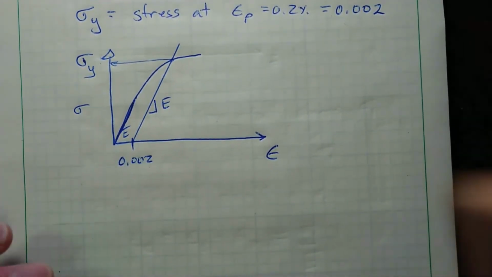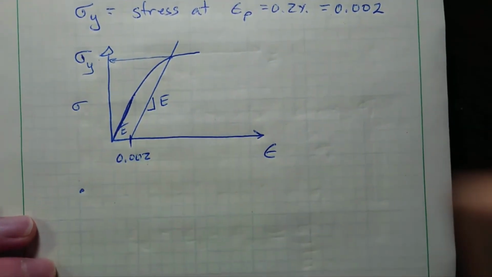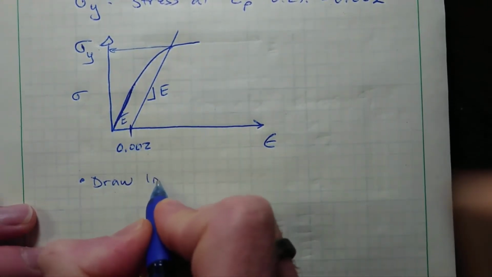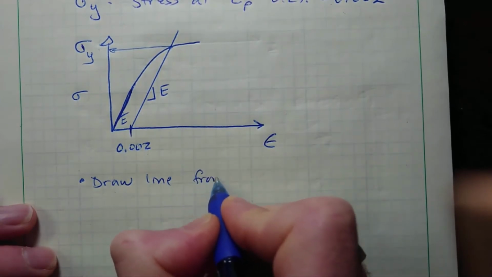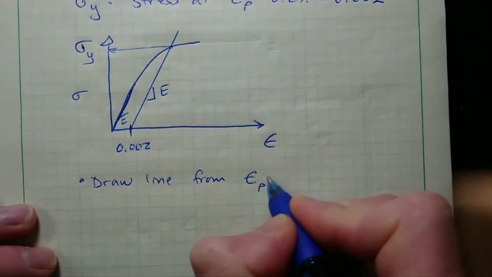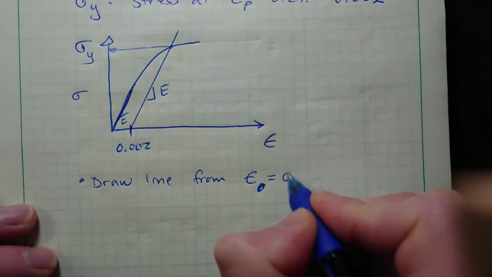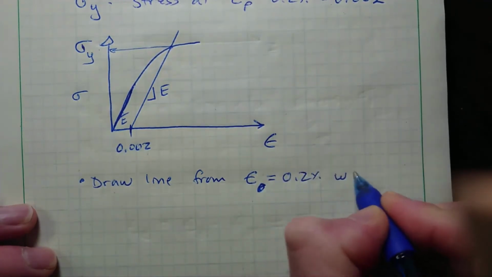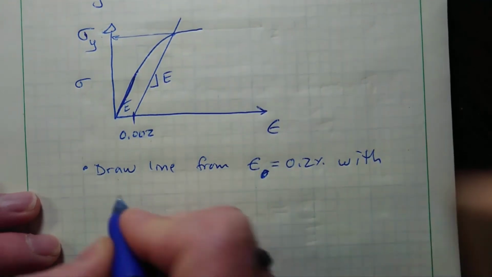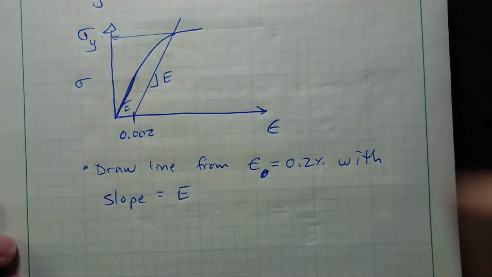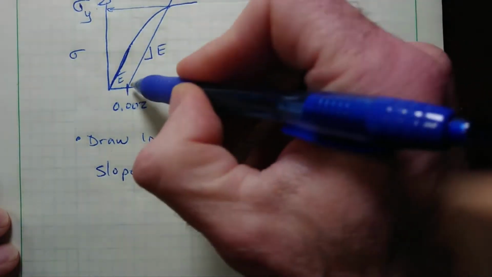So the procedure for finding the yield stress, if I'll summarize that, is you draw a line from epsilon P, it's actually just strain epsilon of 0.2%, and you draw this with a slope equals E. That's what I did right there.